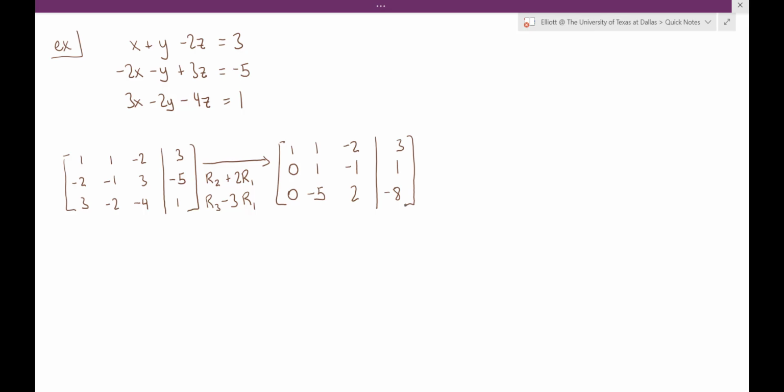Now, after that, what I'm going to do next is eliminate this negative 5. And so to eliminate the negative 5, I'm going to do row 3 plus 5 of row 2.